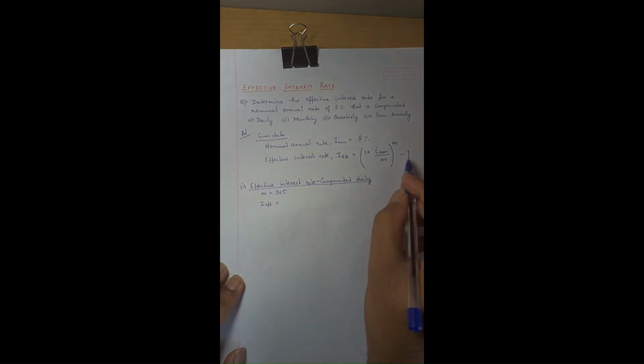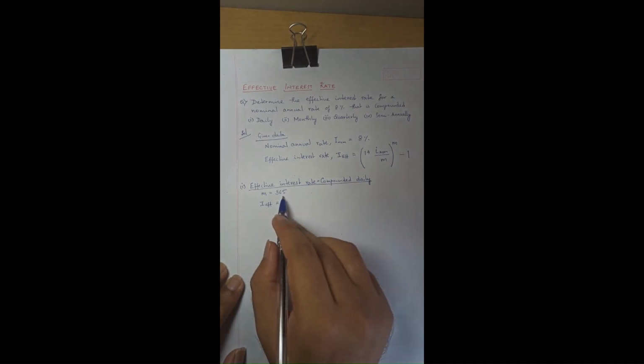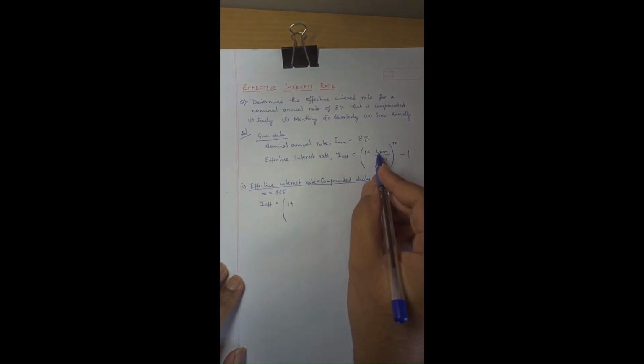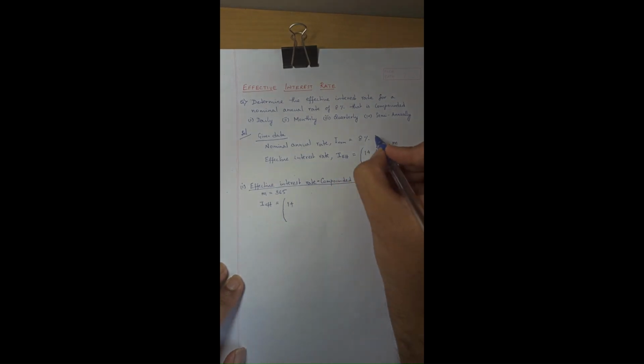I'll be directly substituting the values into this equation. 1 plus I nominal is 8%, which I'm going to convert into decimal, 0.08.